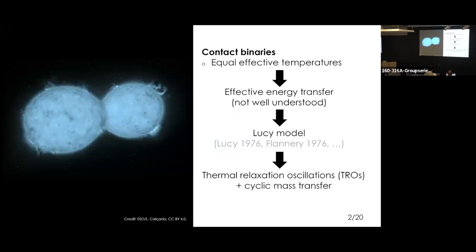This is still not well understood to this day, but in the 60s and 70s, in an attempt to explain this, but also other characteristics of contact binaries, people like Lucy, Flannery, and some other people came up with this model in which the two components are not in thermal equilibrium, but actually oscillate around the state of marginal contact.